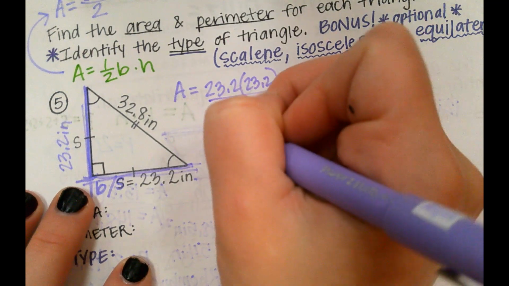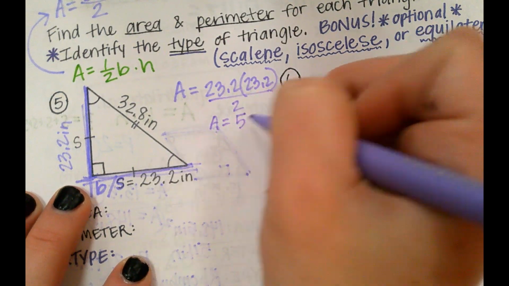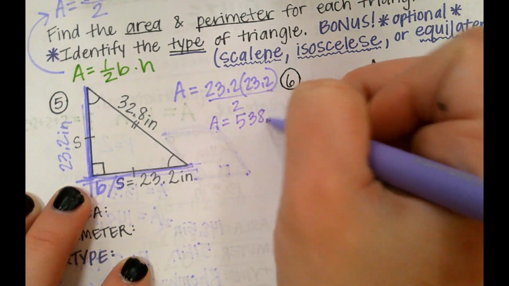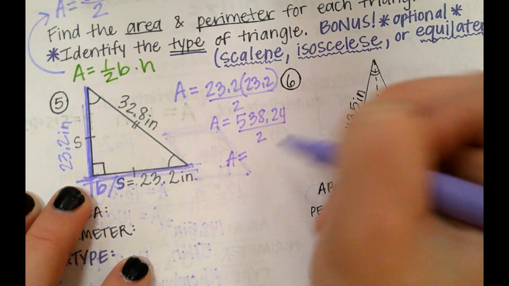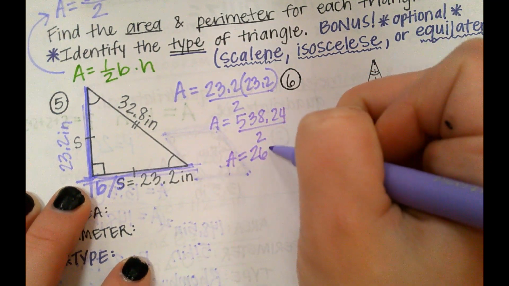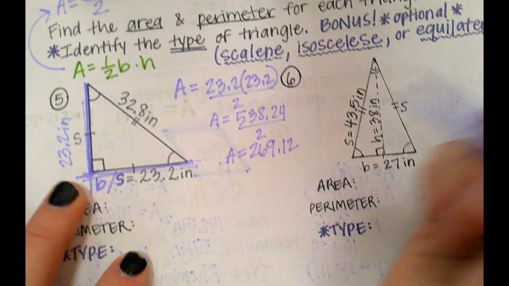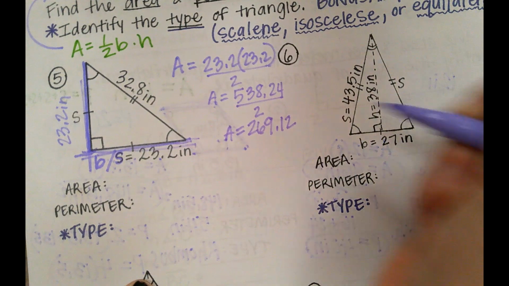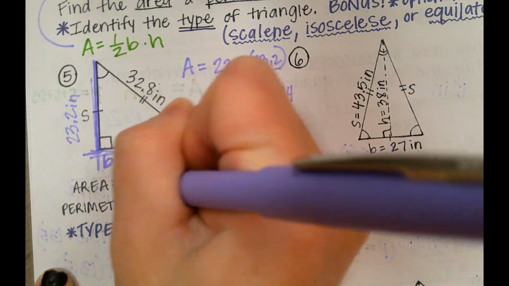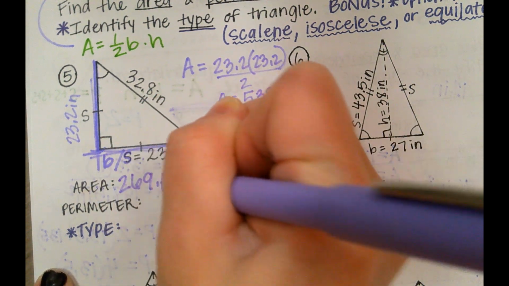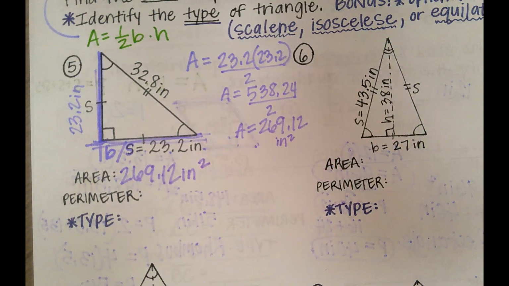Okay, you said 538.24. Yes, we're dividing that by 2. 269.12. Perfect. 269.12. What are my units? Inches squared. Perfect. So 269.12 inches squared. Wonderful.